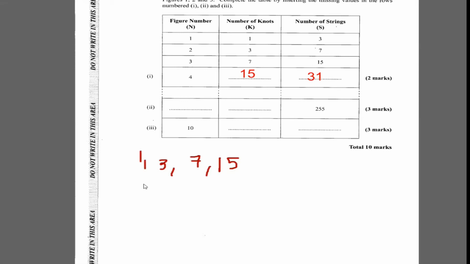So this sequence is 2n plus 1, where n is the previous term. What do I mean by that? When n is 1 right here, you get 2 plus 1 to give you 3. All right, now this is for the first term.